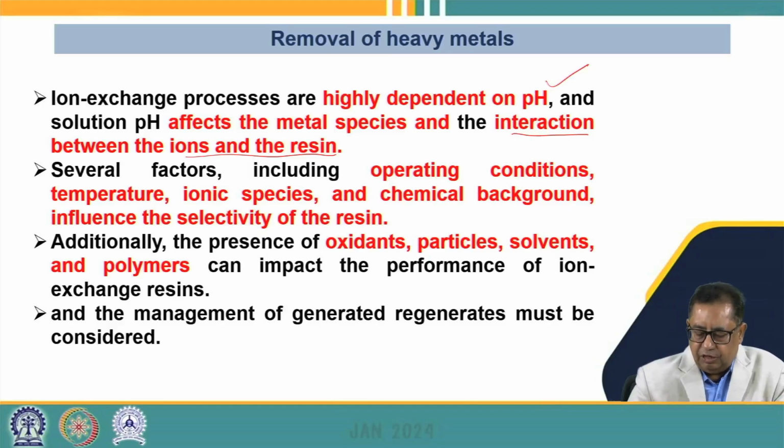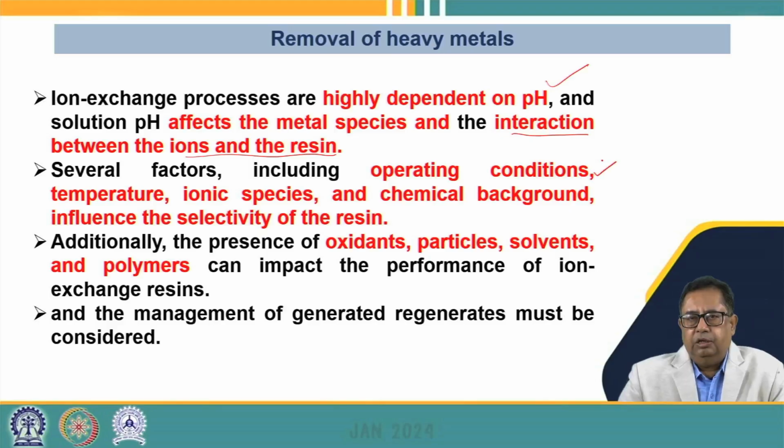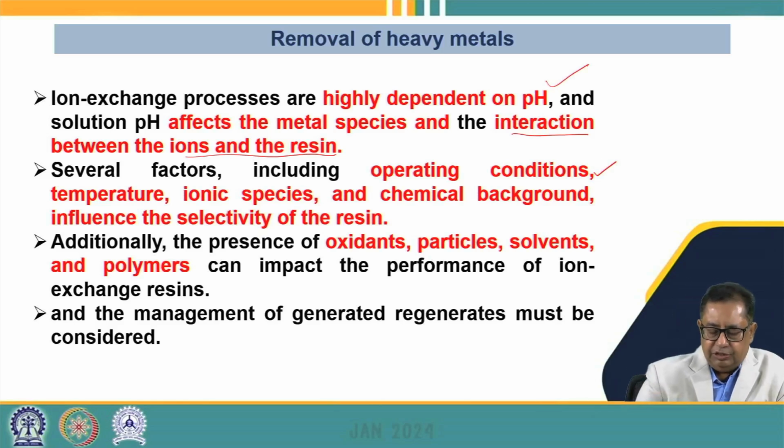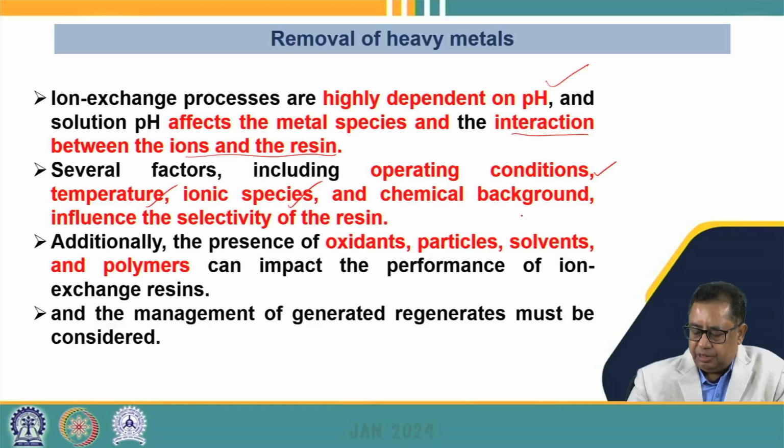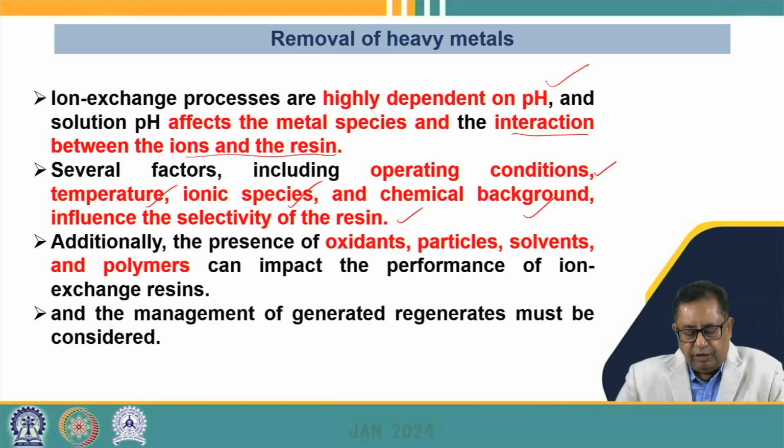And then there can be several factors which impact ion exchange application for removal of heavy metals. For example, operating conditions, the temperature, ionic species, and the chemical background influence the selectivity of the resin. So all these factors impact the resin, as we have also discussed in the previous lectures.